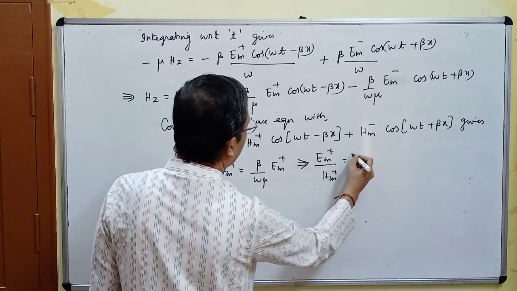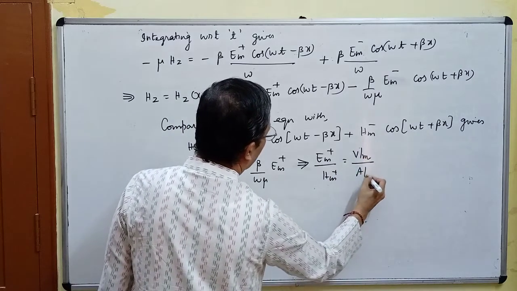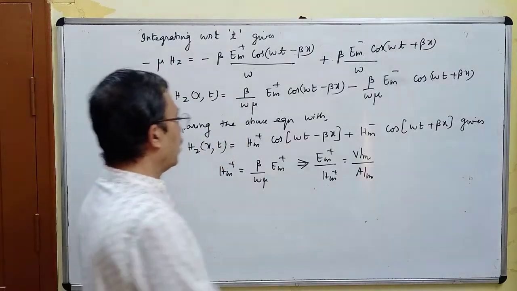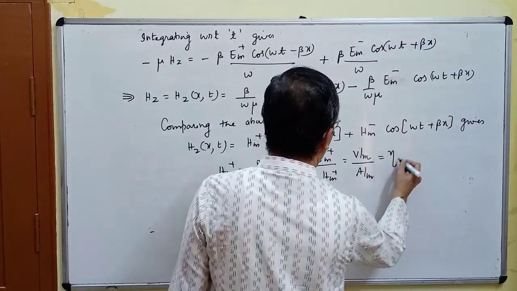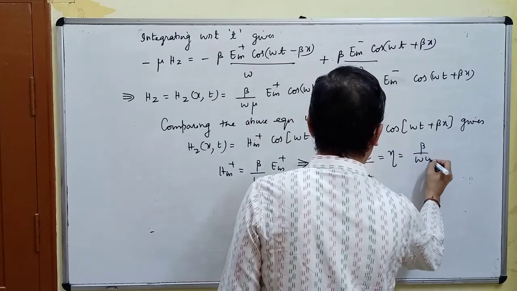What is the unit of E? Volts per meter. What is the unit of Hm+? Amperes per meter. So volts by amps means impedance, ohms. So it equals eta, equal to ωμ divided by β.